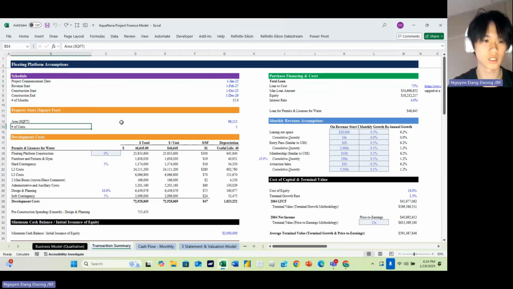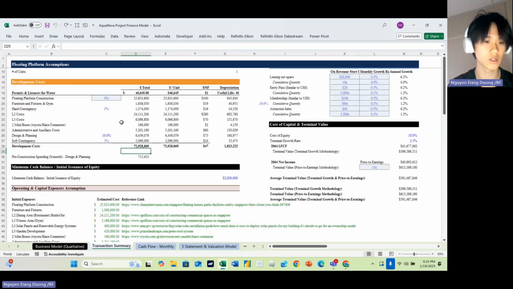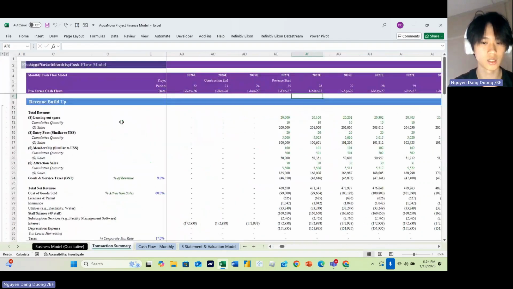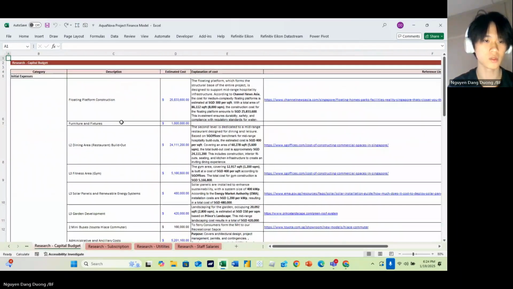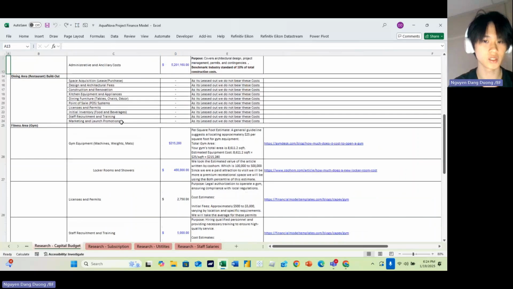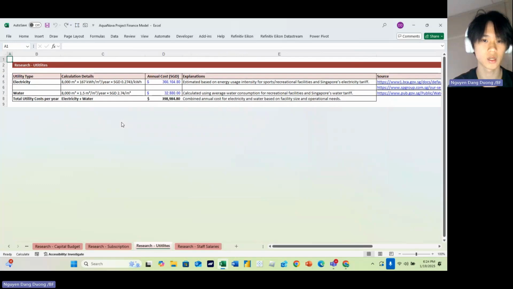We can see the area in square feet to see whether the project is reasonable in cost. We also can see the development cost of this project, whereby we can see the floating platform construction, furnitures, fixtures, level 1, level 2, level 3 costs. All these expenses are in the expenses section right here in maroon, where we have our capital budget, our subscription, our utilities, and our staff salaries.